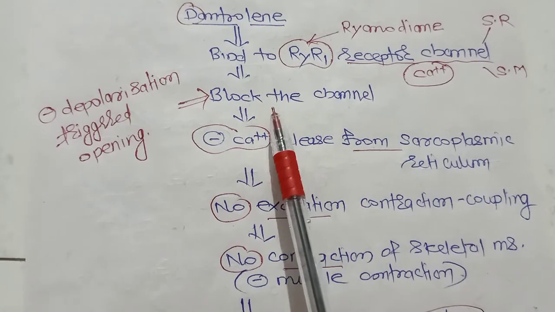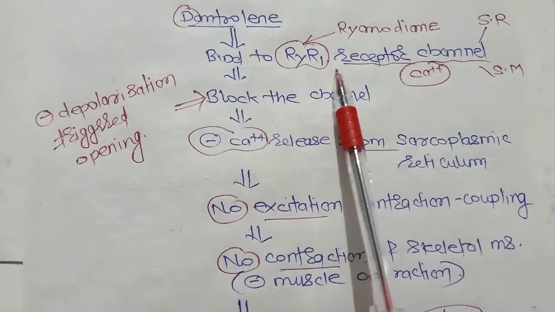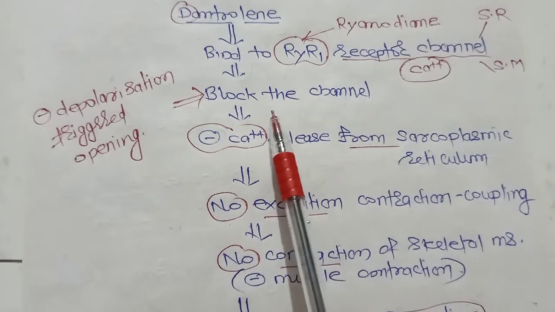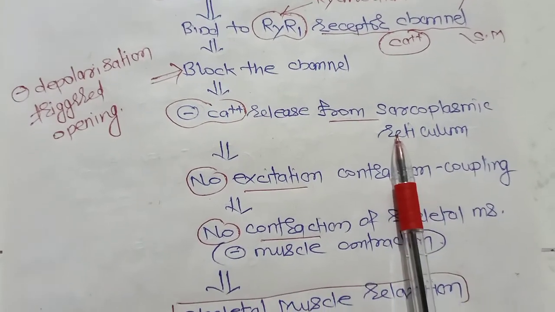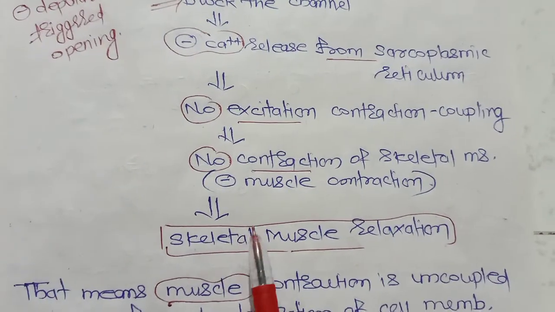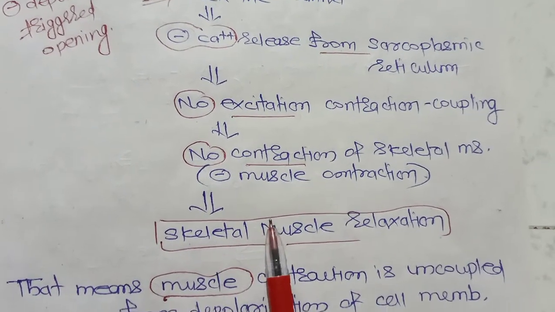So it will block the release of calcium from the sarcoplasmic reticulum, and that's how it helps in succinylcholine induced malignant hyperthermia.